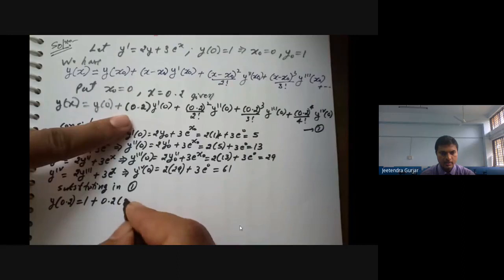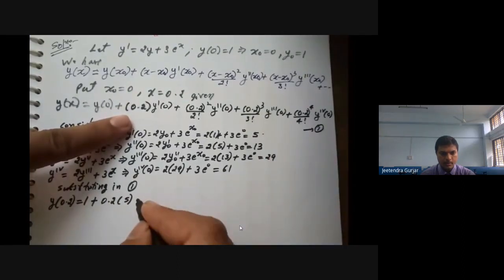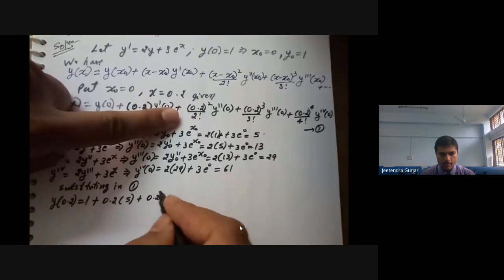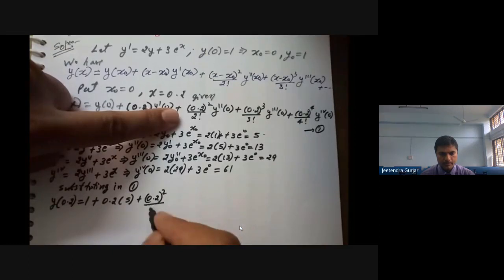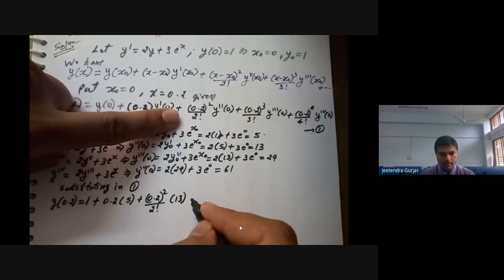So y' is 5, substitute, plus 0.2 square upon 2 factorial into y'' which is 13.